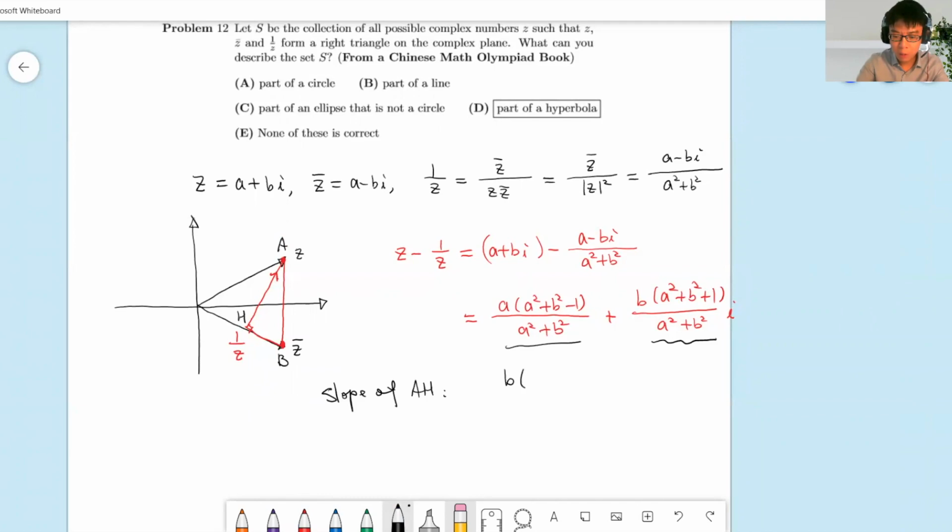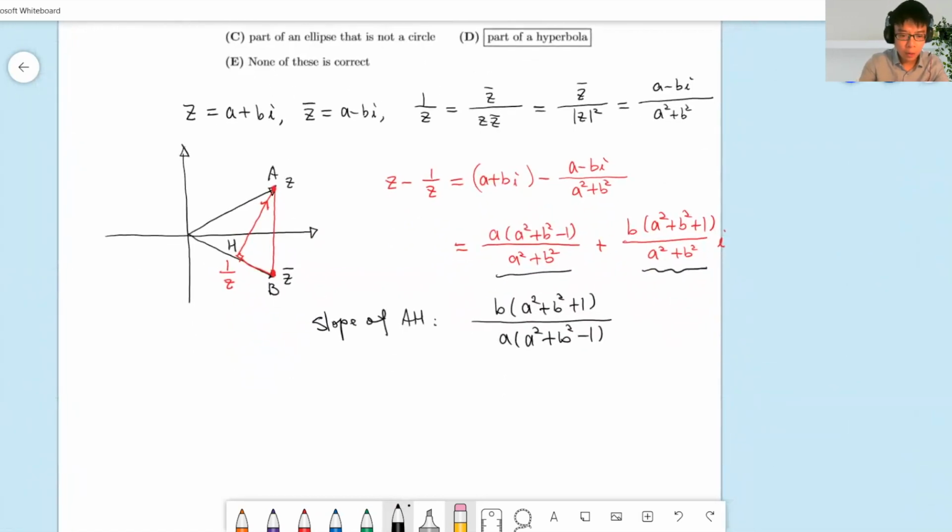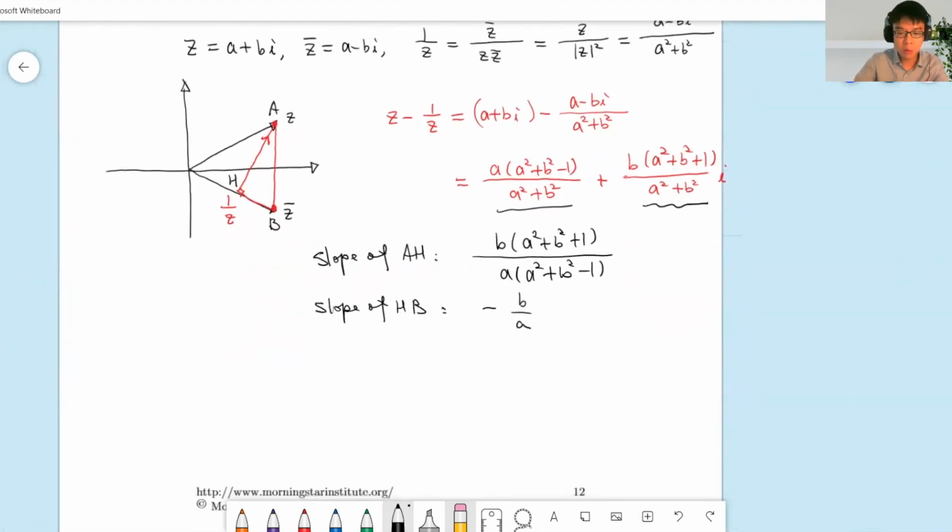It becomes b times (a squared plus b squared plus 1) over (a squared plus b squared minus 1). That's the slope. Also, the slope of HB is minus b over a. We know the product of these two slopes equals minus 1.